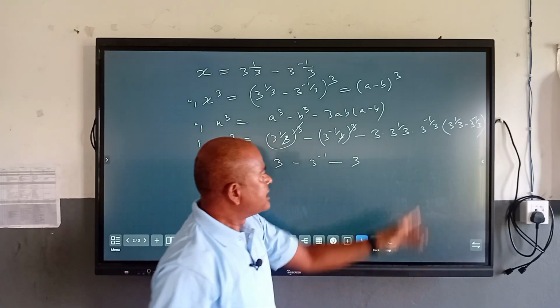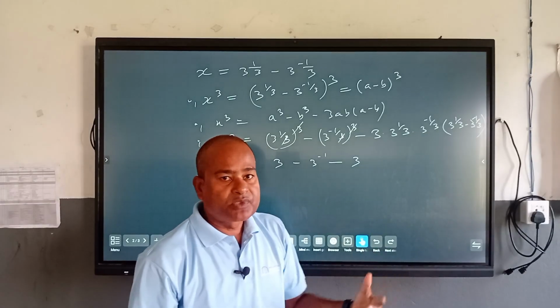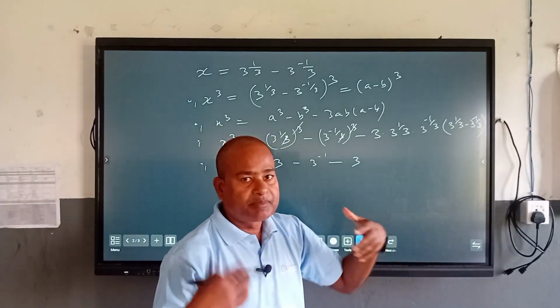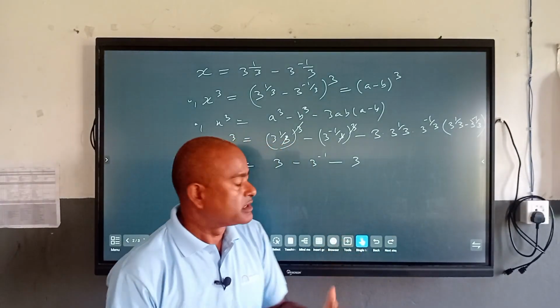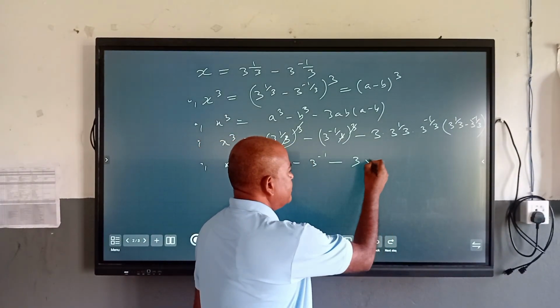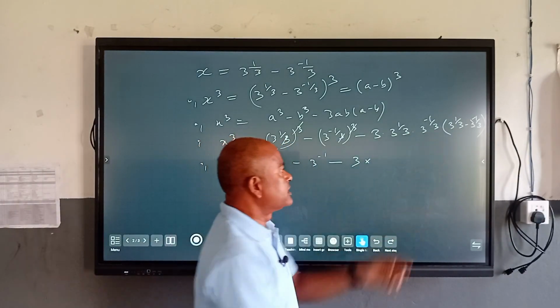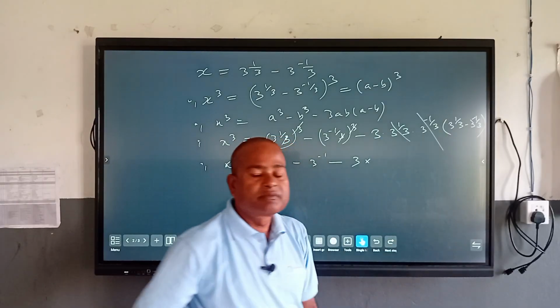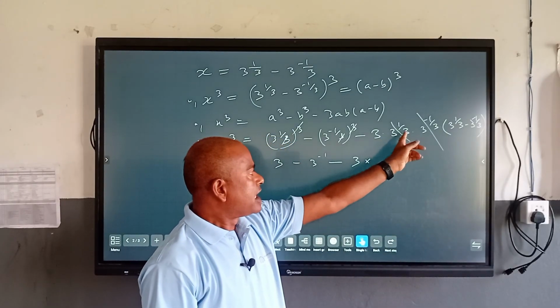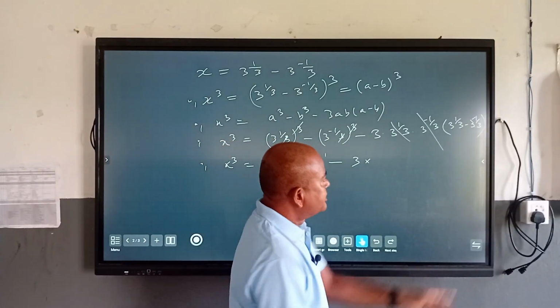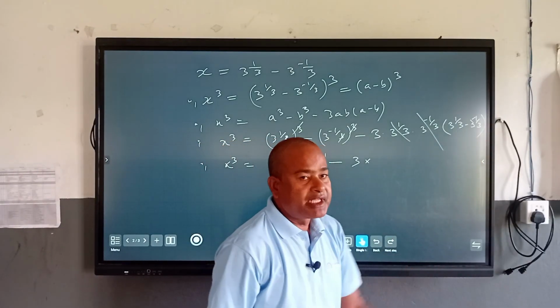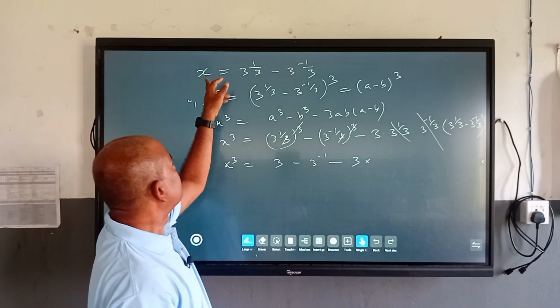3 as it is. 3 power 1 by 3 and 3 power minus 1 by 3 will be 3 power 0, because in multiplication we have to add the powers. So this will be 3 power 0, or directly we can cancel also because the powers are just opposite of each other. Now 3 power 1 by 3 minus 3 power minus 1 by 3 is the value of x.